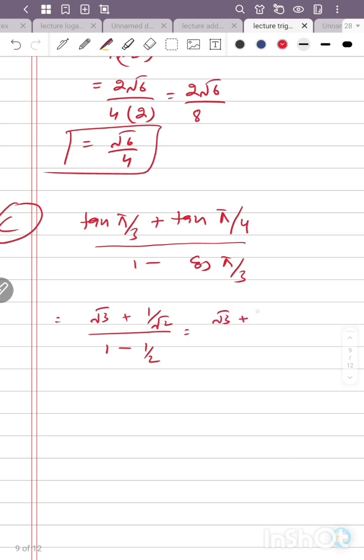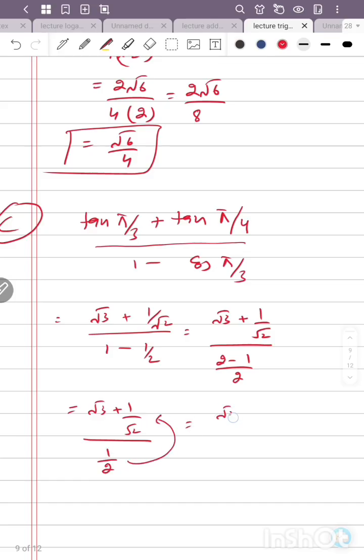Square root 3 plus 1, take its LCM. After that, square root 3 plus 1 over the denominator, the answer is 1 by 2. So it will go here: square root 3 plus 1 multiplied by 2 by 1, because of the reciprocal.